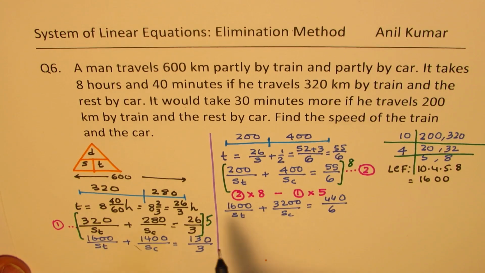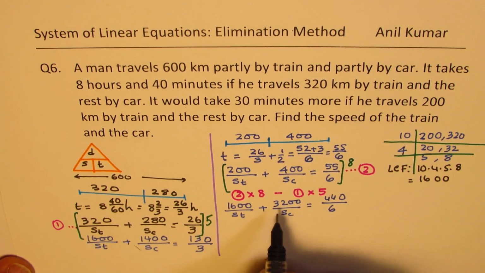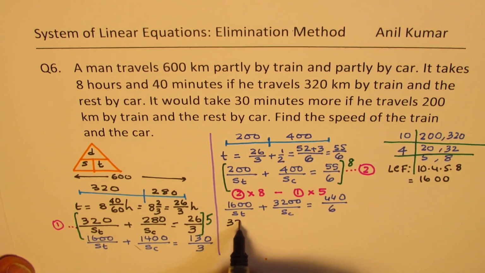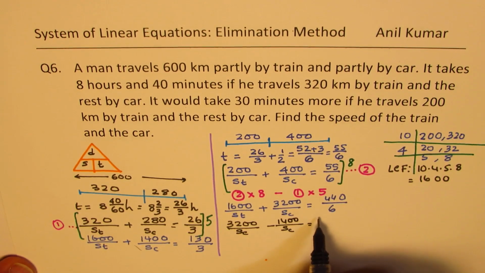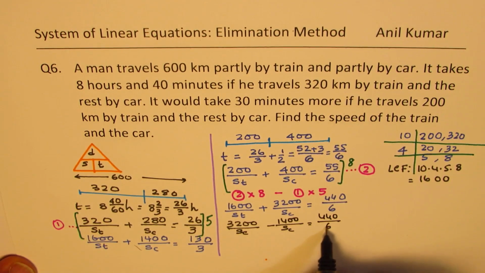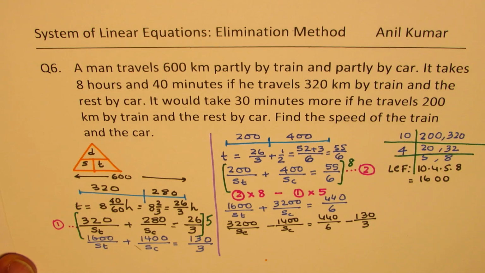Correct? What do we get? 1600 over speed of train cancels. And here you get 3200 over speed of car minus 1400 over speed of car equals 440 over 6 minus 130 over 3. Clear? Right?